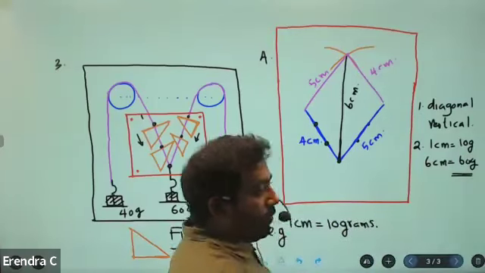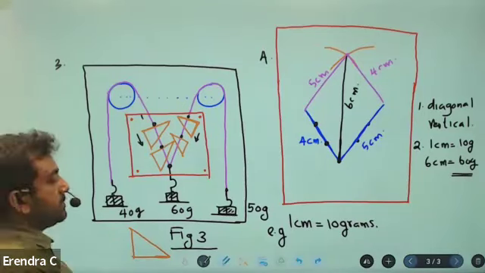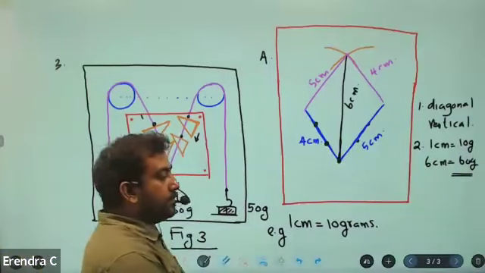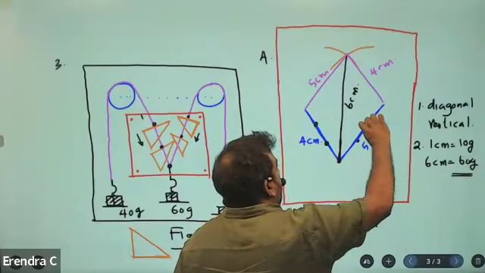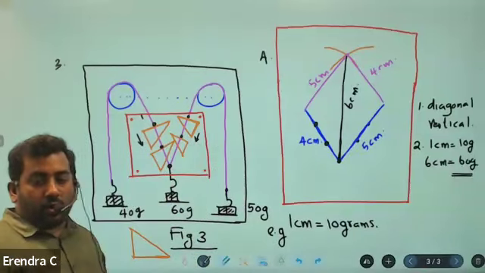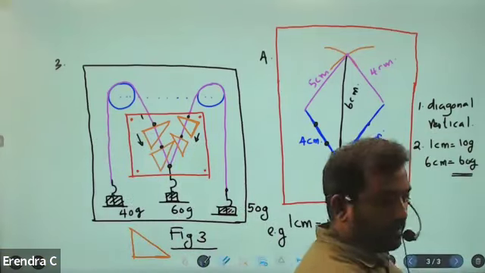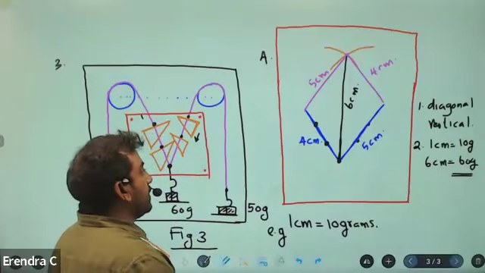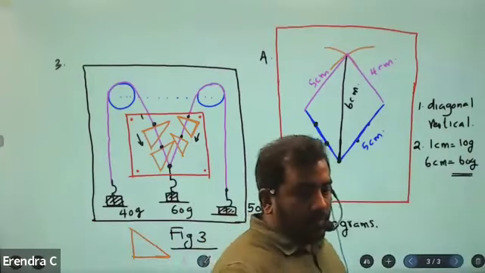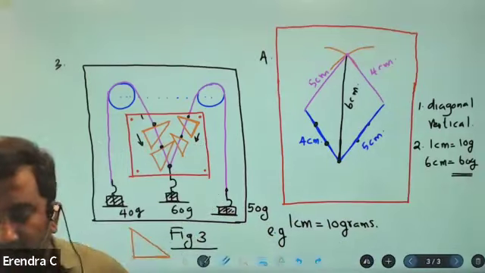We draw a 5 centimeter line on the right hand side, which will represent 50 grams.